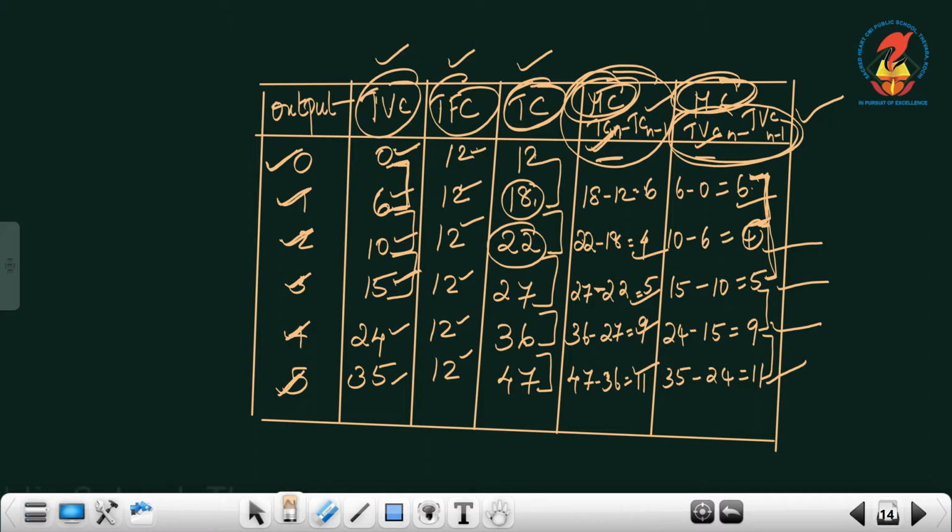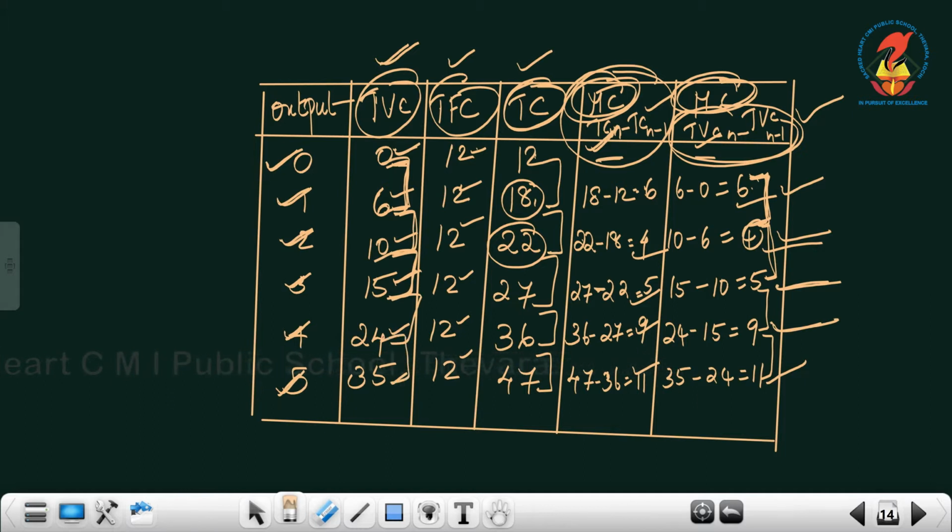Similarly, you can find out the value of MC with the help of TVC. In the TVC table, you have to differentiate the succeeding value with the preceding value. Let us see whether you will get MC with that. See, this is TVC. Now 6 minus 0, you will get 6. Then comes 10 minus 6, that is 4. Then 15 minus 10, that is 5. Then 24 minus 15, you will get 9.